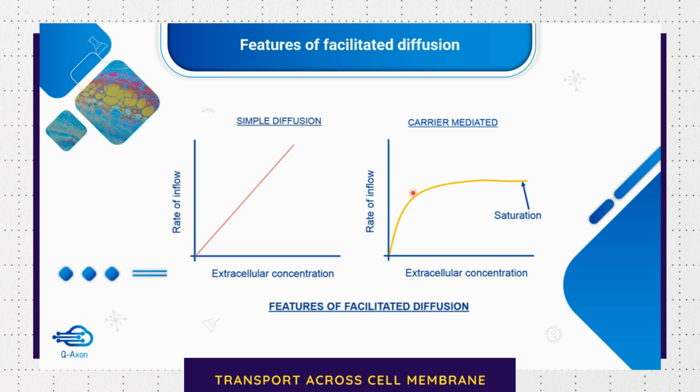So, this maximum rate of transport in facilitated diffusion is limited by the number of carrier proteins which are present. There is a limited number, it cannot be an infinite number of carrier proteins present on the membrane. So when they become full, operating at their maximum limit, the rate of transport cannot increase further despite increase in the extracellular concentration.